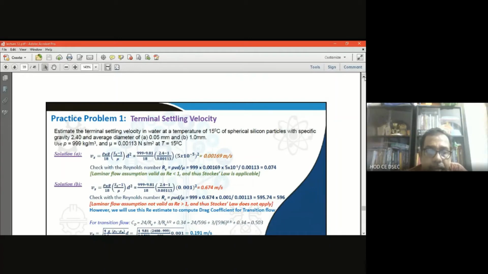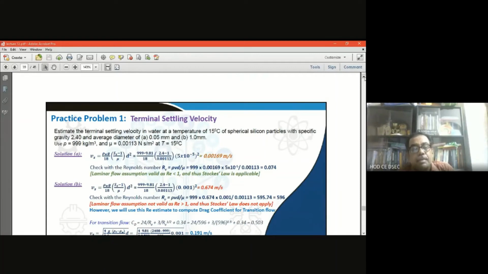That means what can we conclude? So Stokes law is applicable. So whatever answer we have found applying the Stokes law is absolutely correct, because it is laminar flow, as we have checked, since the Reynolds number is less than 1, and the value is 0.00169 meter per second for part 1, where the diameter of the particle is given 0.05 millimeter.